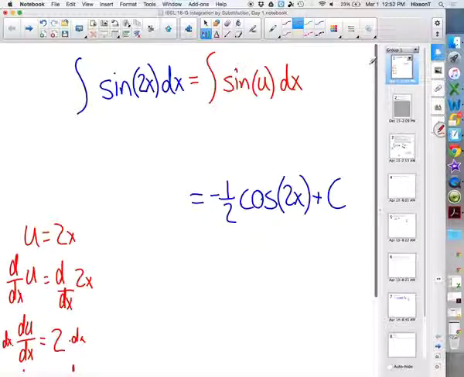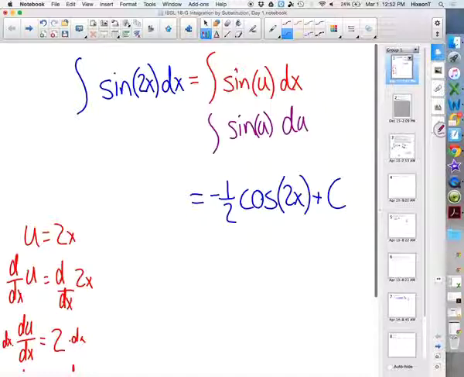Alright? What I need instead is a du so that I can integrate sine of u. Does that make sense? Alright? Now, really what I'm doing here is deriving the rule that we've been using, and then we'll see how it applies to other functions as well.